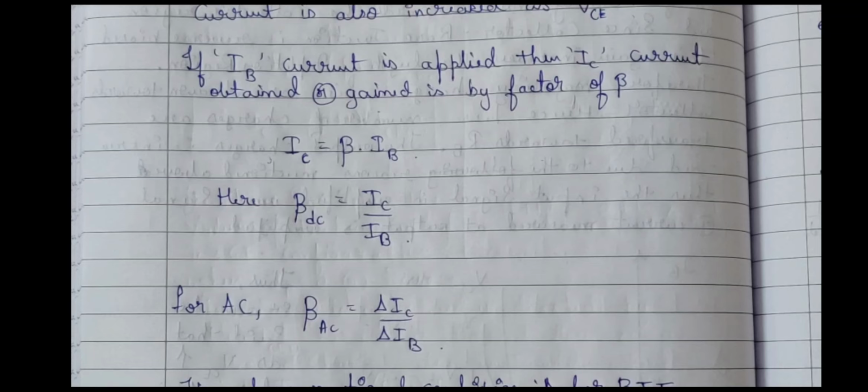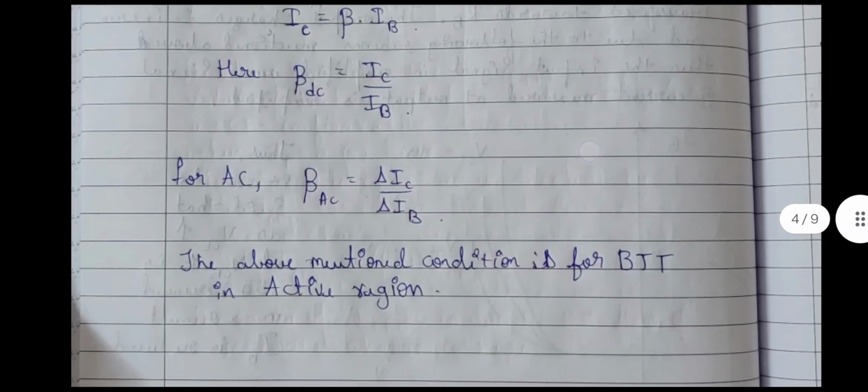Hence we can derive that beta DC, the amplification factor with respect to DC, is given by IC by IB, and for alternating current it is given by beta AC equals delta IC by delta IB. That's it. So this is about the BJT working in the active region. This is only for the BJT working in the active region.